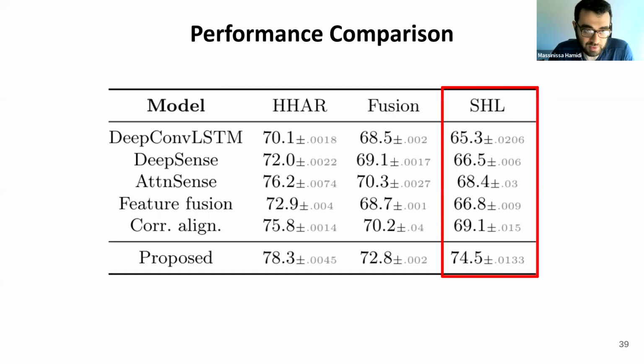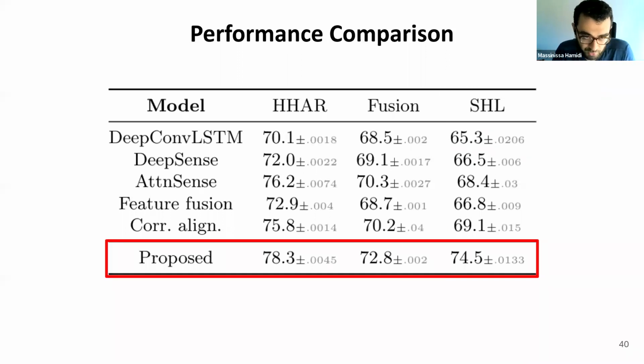As shown here, our proposed approach performs well on the three considered data sets overall. In particular, we are able to improve the recognition performances on the SHL dataset by approximately 5 points. Overall, our approach on all the considered datasets leads to a noticeable improvement, and noticeably on the SHL dataset, as you can see here.